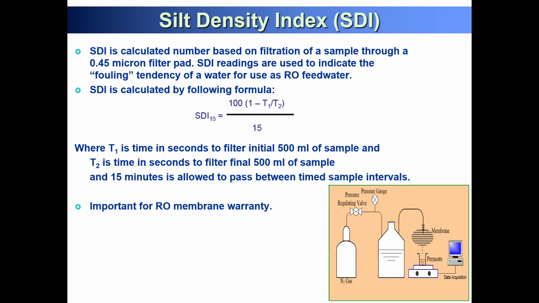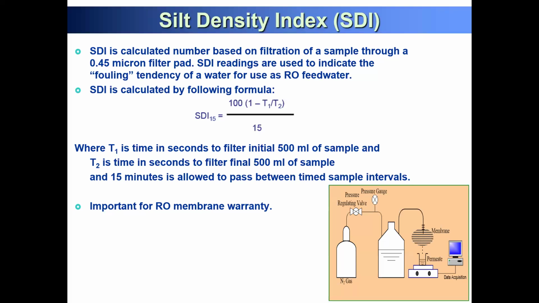Companies like to offer a membrane warranty of 5 years when you have an SDI value less than 5, which means the water is clean enough to feed to the reverse osmosis membrane.